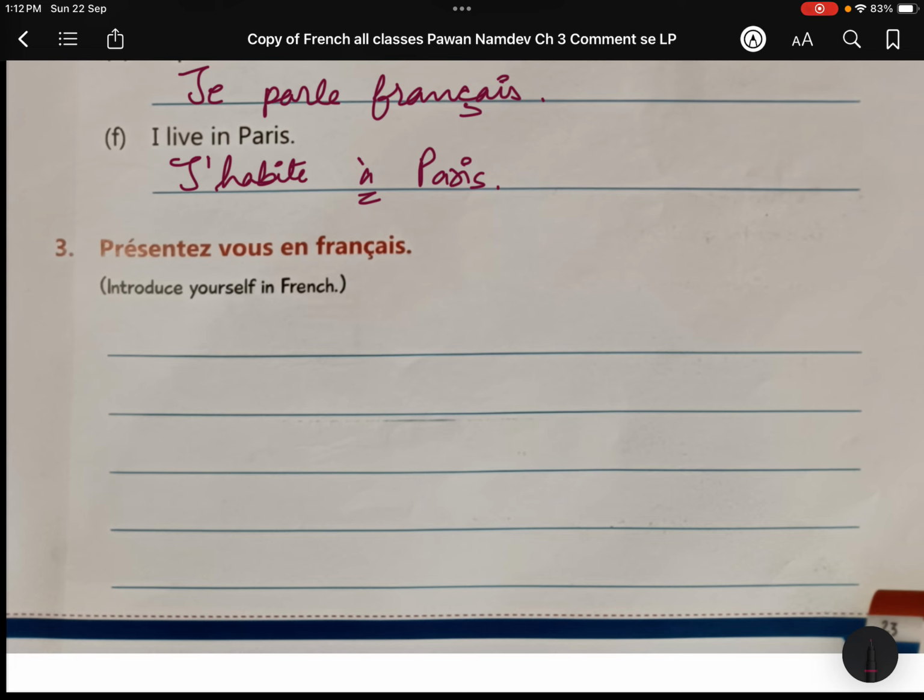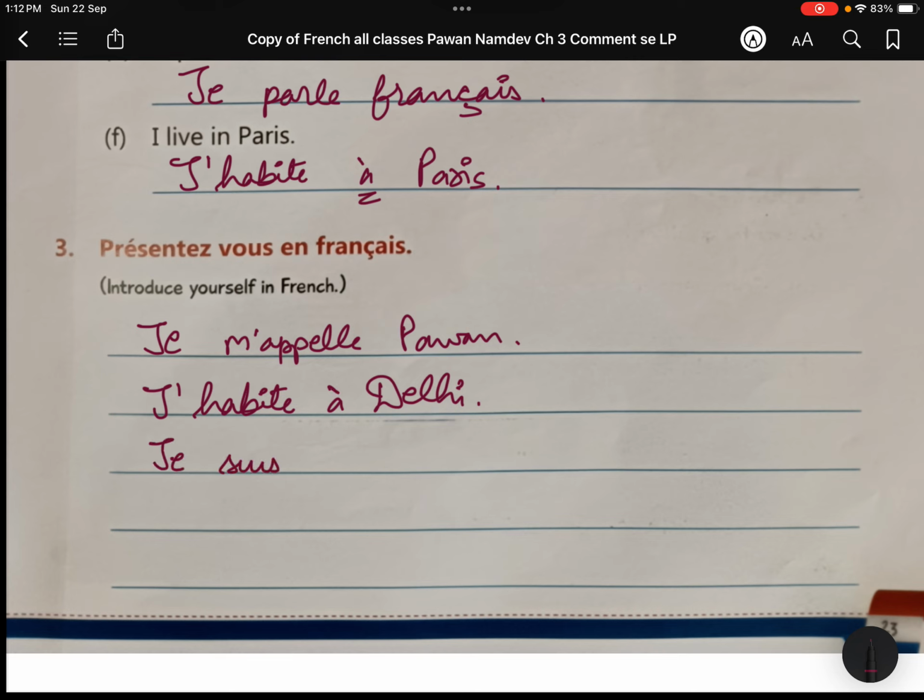Présentez-vous en français. Introduce yourself in French. So you may write some sentences. First of all, you can just write je m'appelle. I call myself Pavan. J'habite à Delhi. I live in Delhi. Okay. Je suis indien.